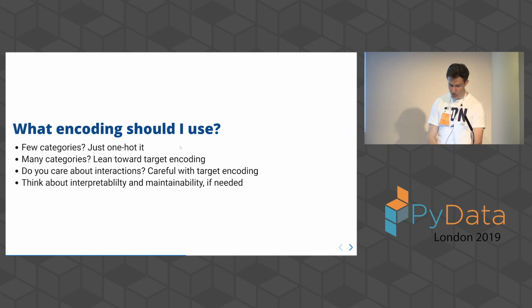What encoding should I use? If you have few categories, if it's 4 or less, definitely one hot encode it. And you can scale that up as the data set size increases. It depends on how balanced your target is.